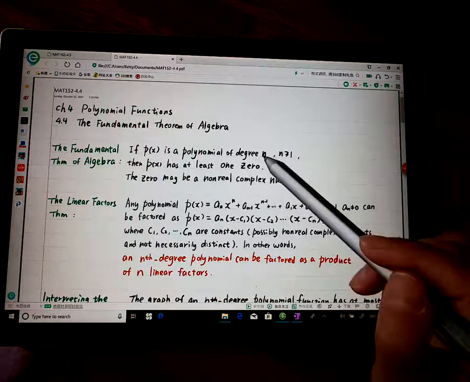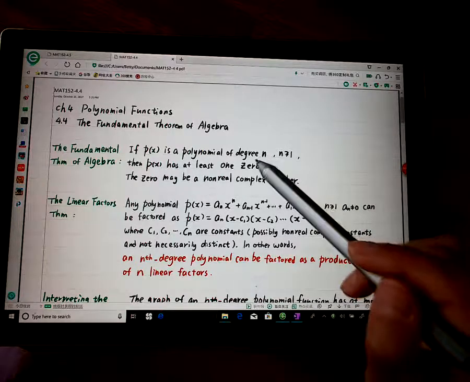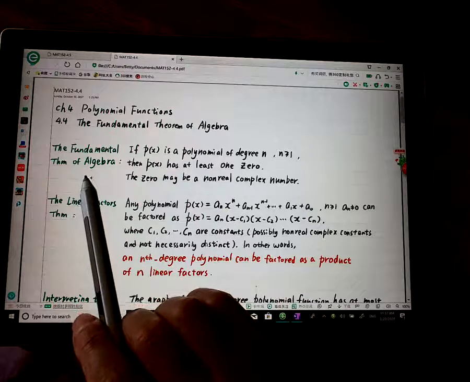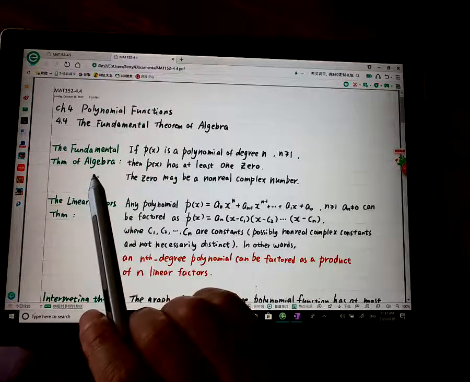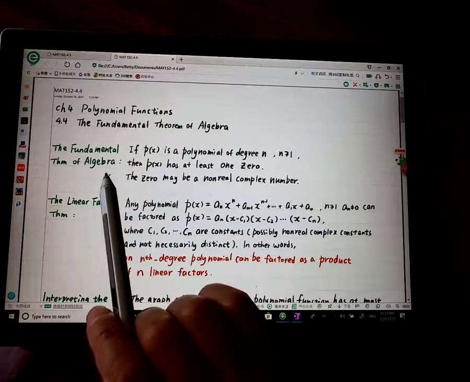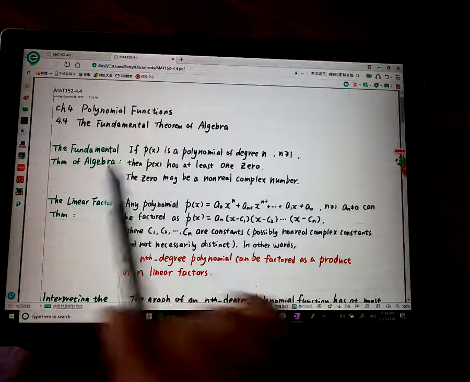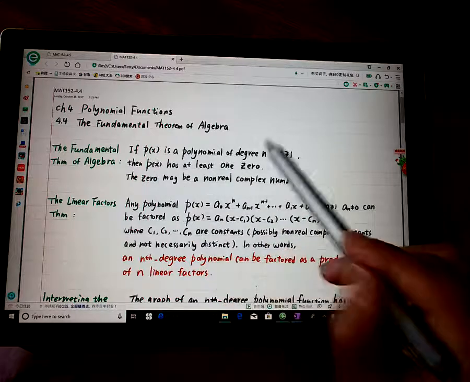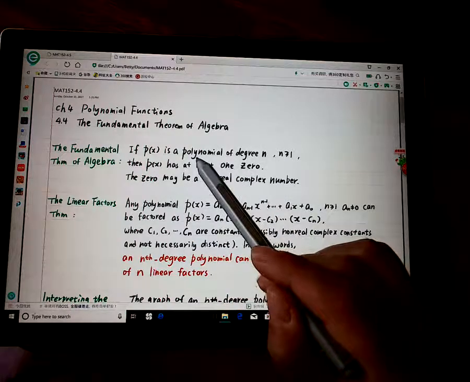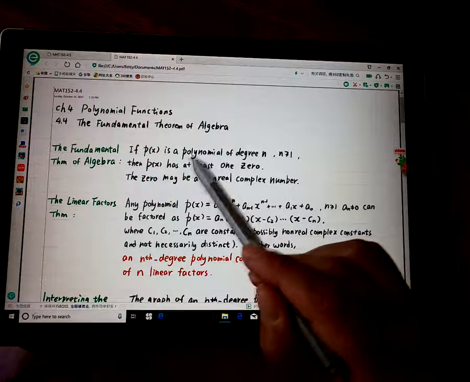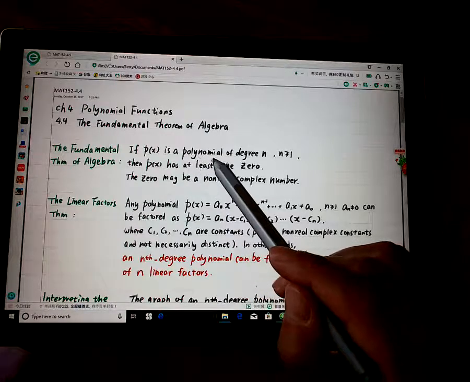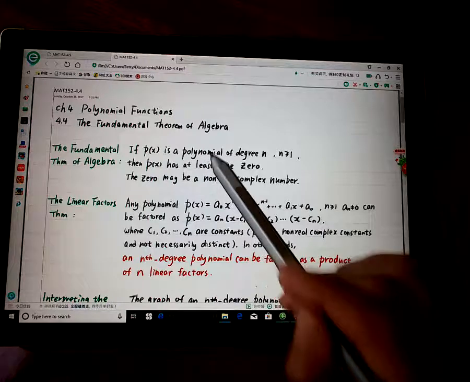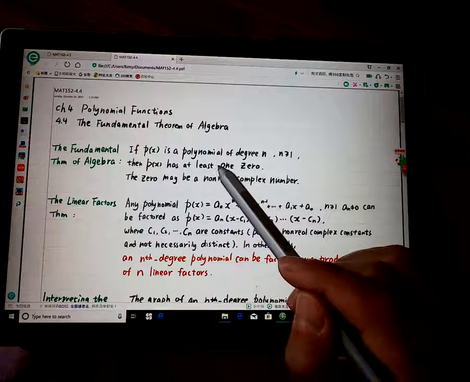We actually had a different version of the fundamental theorem of algebra. And I remember I typed them out, the content of the theorem in the class. It told us if the polynomial function p of x has degree n, all the coefficients of the polynomial are real numbers, then the polynomial must have n zeros.